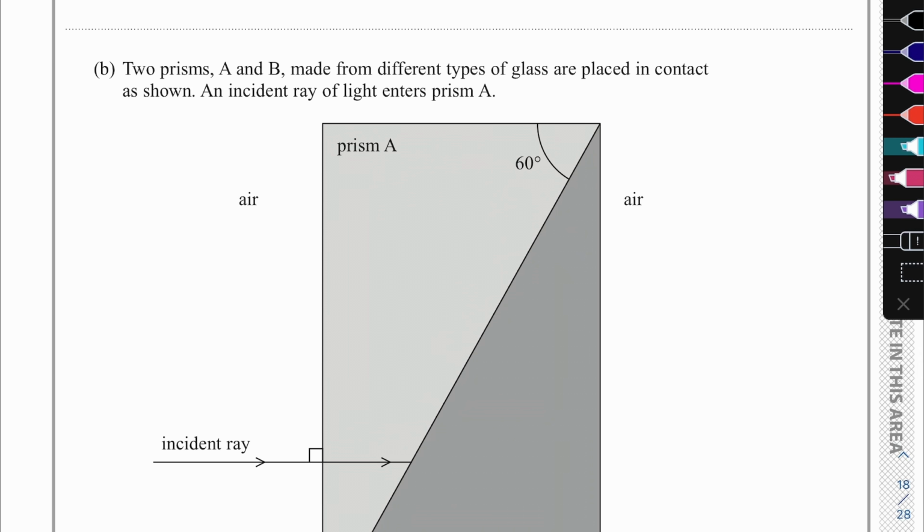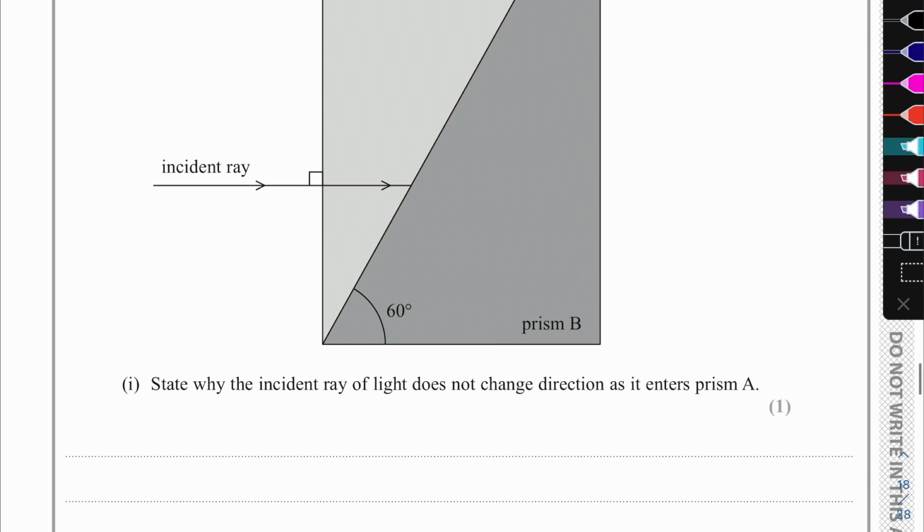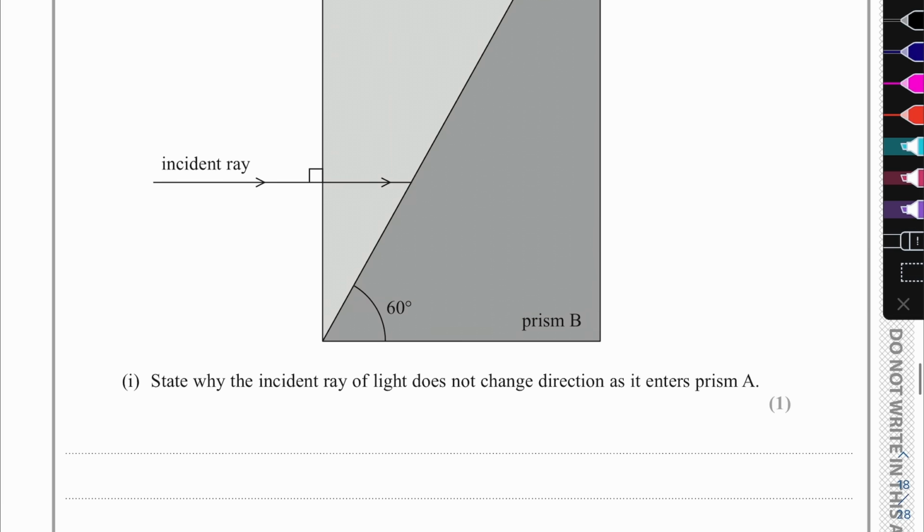Part B says there are two prisms, A and B, made from different types of glass, placed in contact as shown. An incident ray of light enters prism A. So this is the incident ray going at 90 degrees, so it's perpendicular and goes straight through. State why the incident ray does not change direction as it enters prism A. We just said that it's perpendicular to the prism, so it goes directly through.